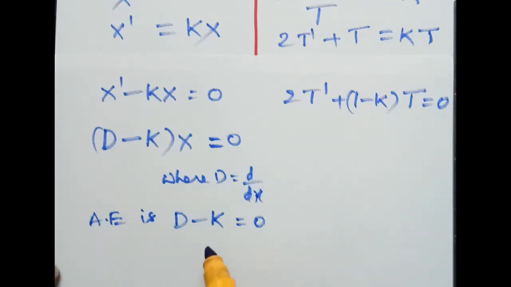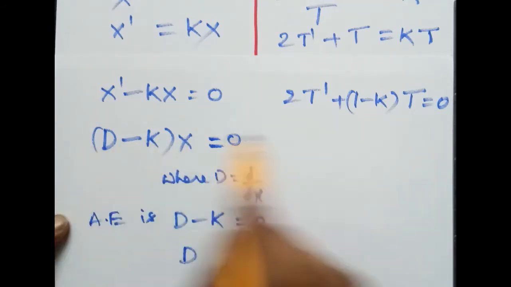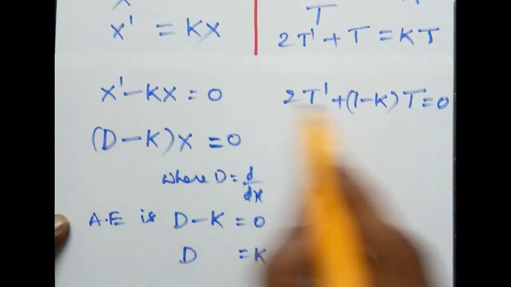Now D is equal to k. Therefore one real root. Therefore the complete solution of the ordinary differential equation.